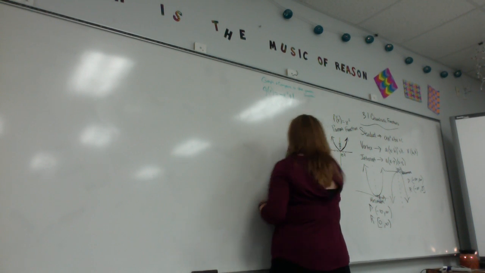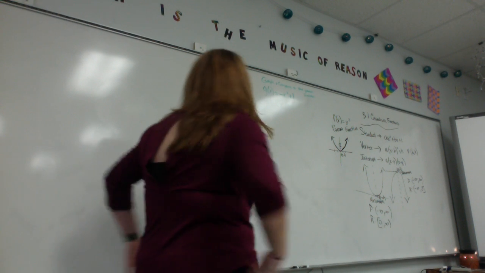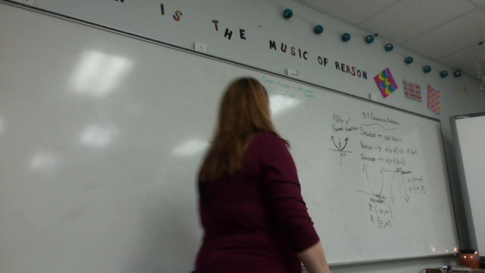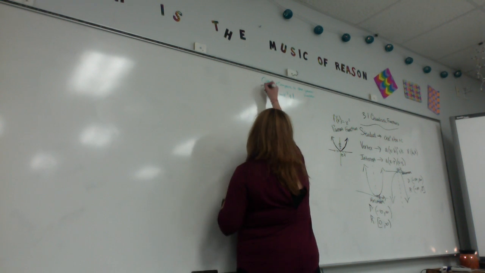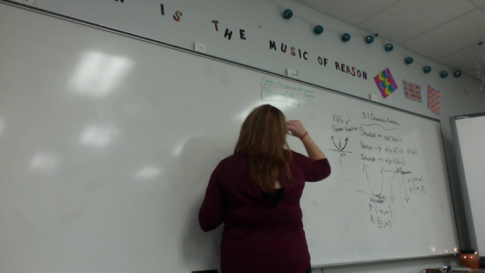If I'm going to graph and compare this to the parent function, I need to first of all decide some things that are happening. What do you know looking at this equation that's happening to this original graph?